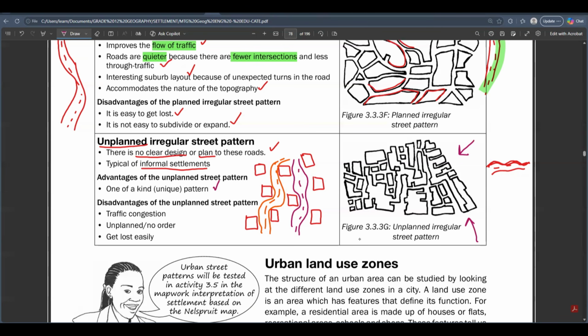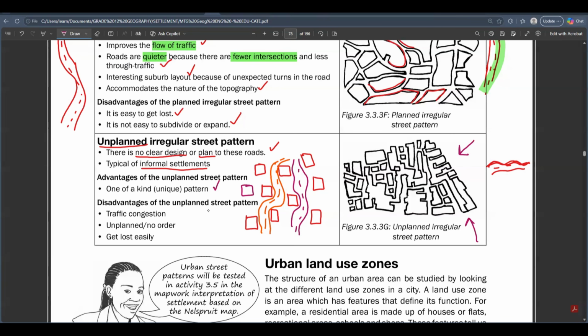That will become an unplanned irregular street pattern, and it will be unique. It will be different from the other ones because it's based on how my houses are arranged, how these informal settlements are arranged. So it's unique, to an extent, but I don't know if that's really an advantage, being realistic.